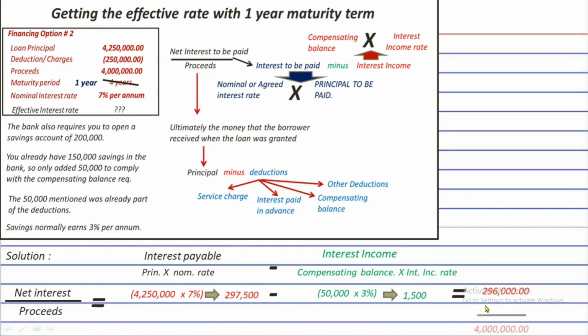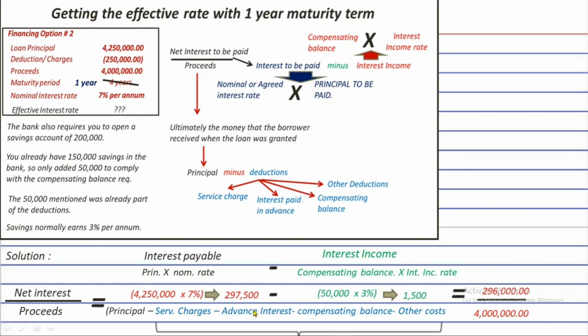So, let's go to the denominator. We have 4 million immediately because it was already given here in the problem that the proceeds is 4 million. But in some problems, proceeds is not directly given. So you need to do this. Principal minus the deductions. Like again, service charges, advance payments of interest, or the required compensating balance, and other deductions.